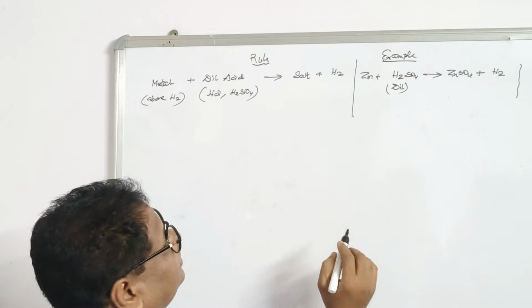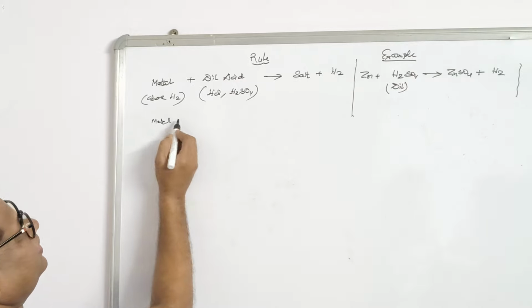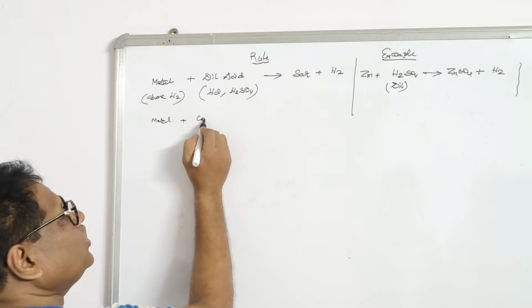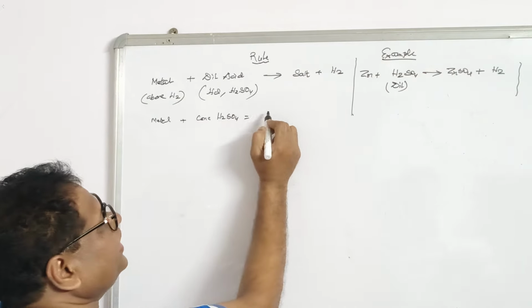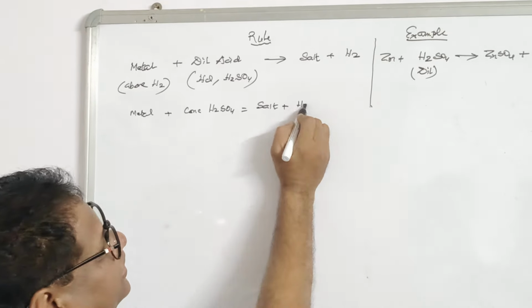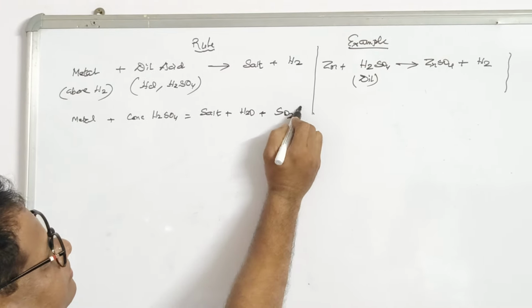Because if you take the metal, any metal above hydrogen, doesn't matter, make it react with conc H2SO4, then it will form salt plus water plus SO2 gas. Look at the difference.